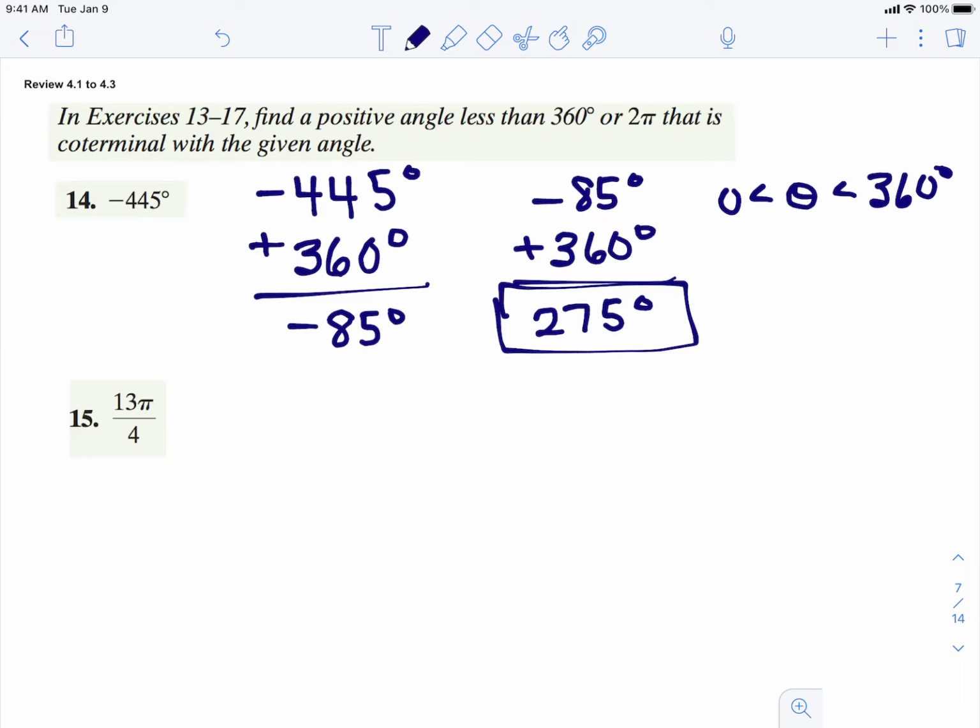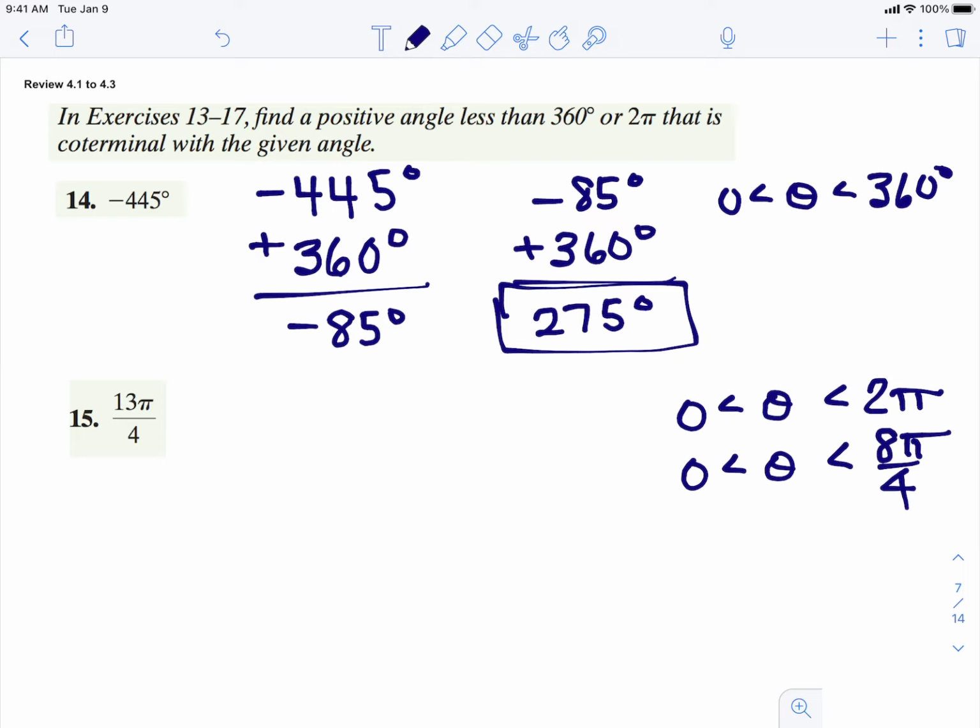The second problem is in radian measure, and we want the angle to be somewhere between 0 and 2 pi. So this is a bigger angle, it's larger than 2 pi, and notice the denominator is 4. So I'm going to change this to 8 pi over 4. 8 pi over 4 is equivalent to 2 pi.